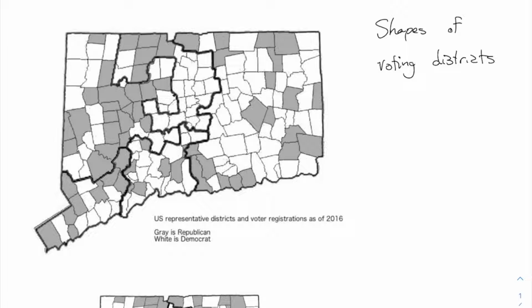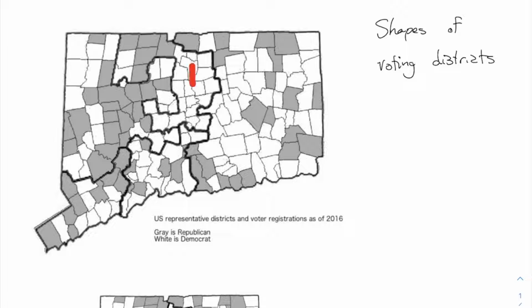Here is a picture of Connecticut. I drew a very simple version of this picture last time. So each little region you can see here is like one of the little towns, and we are around here somewhere, Fairfield, Bridgeport, and the bold lines that you see are the borders between the United States House of Representatives districts, and there are 5 of them.